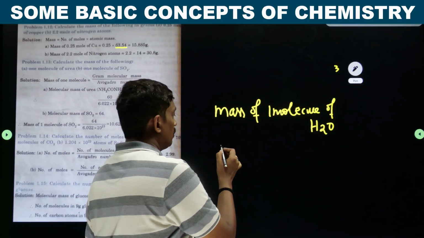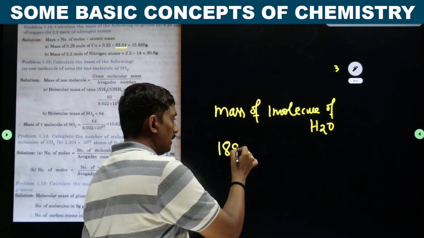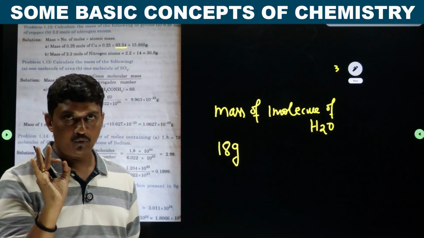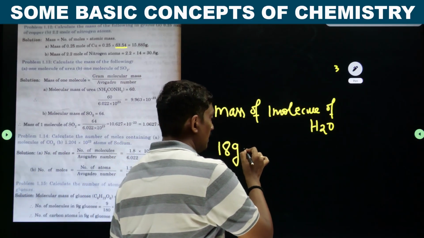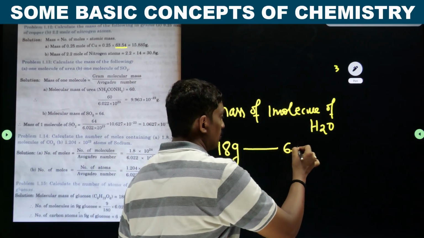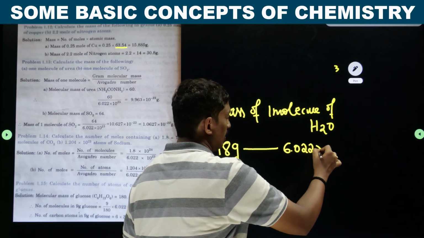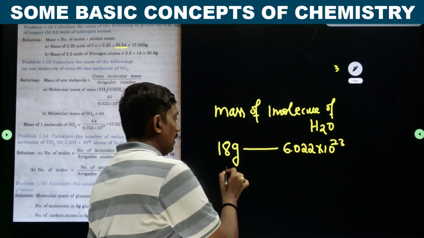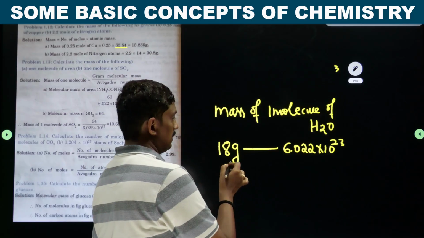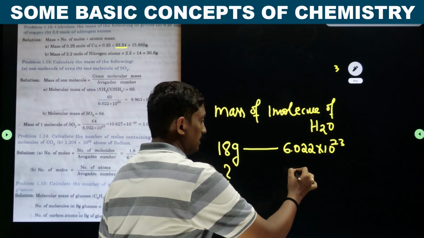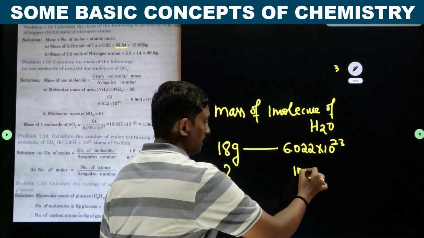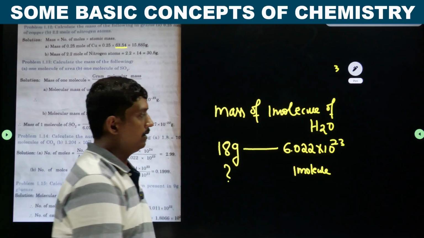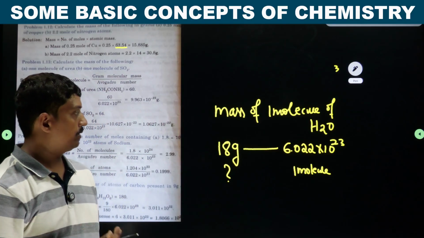If you take 18 grams, what is the gram molecular mass of water? 18 grams, which is equal to 6.022 into 10 to the power 23 molecules. Then how much mass is given by one molecule? What is the mass of one molecule is the question.